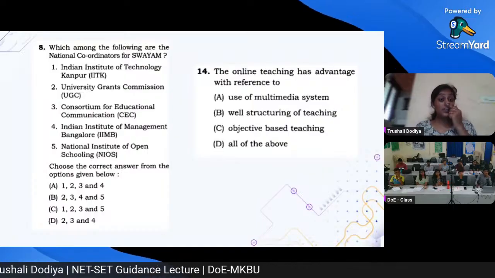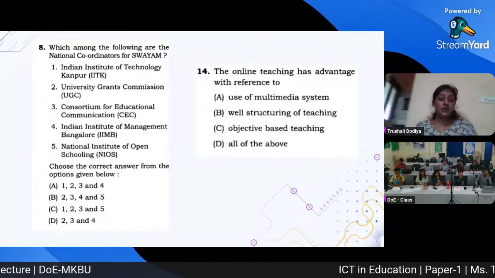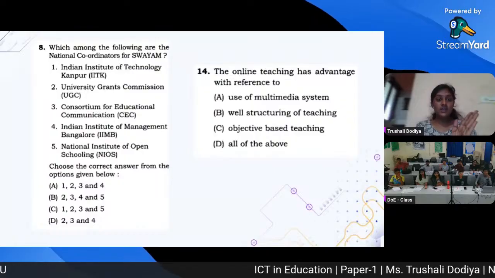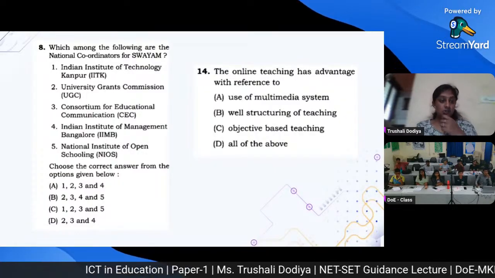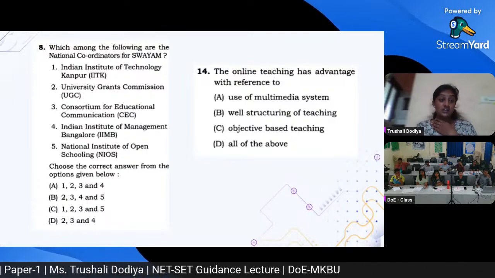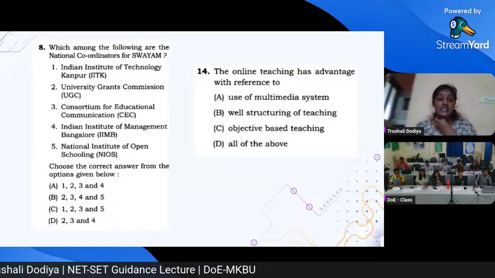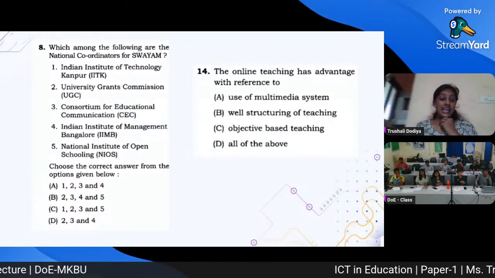Which among the following are national coordinators of Swayam? Swayam is a platform that is providing e-learning, as we have seen. The options given are: Indian Institute of Technology, Kanpur, UGC, CEC, Indian Institute of Management, Bangalore.